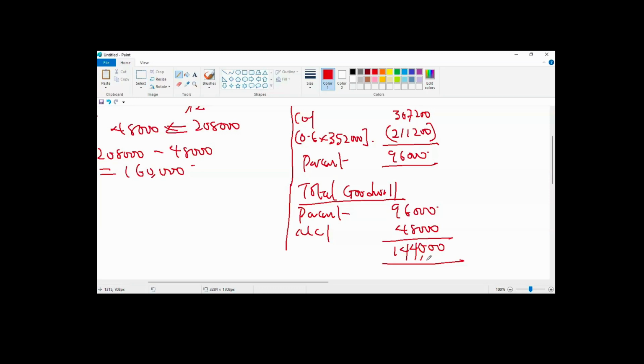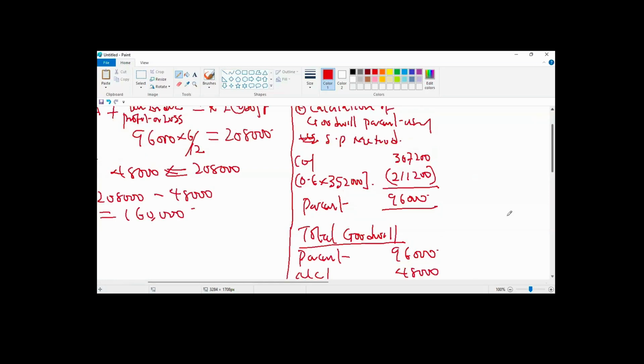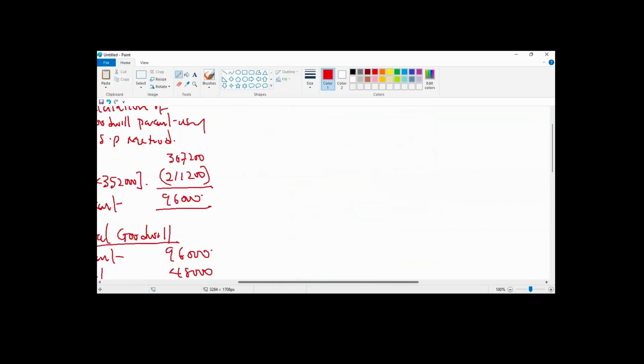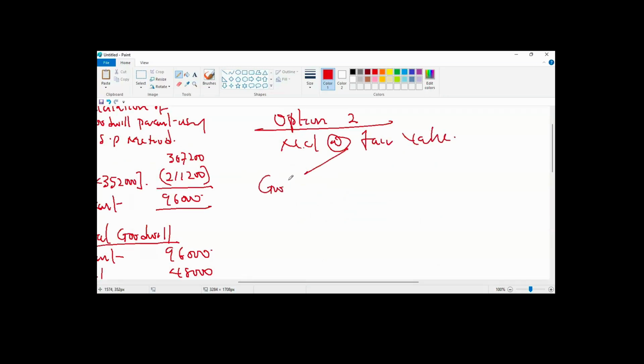This is option one. Option two: I will get NCI at fair value, which means goodwill attributed to NCI plus the NCI percentage on net assets on the date of acquisition.